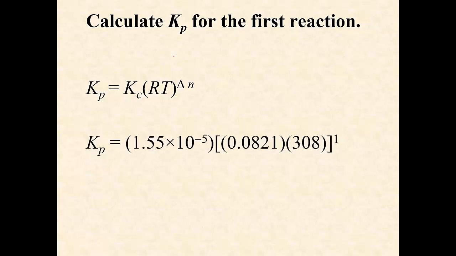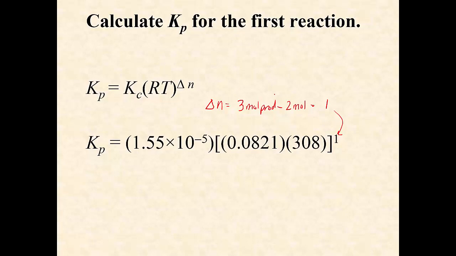So this delta n came from your product side, where I had 2 NO and 1 chlorine, so I had 3 moles of products minus, you had 2 NOCl, 2 moles of reactants, so therefore you had a change in moles of gas of 1. That's where that came from.